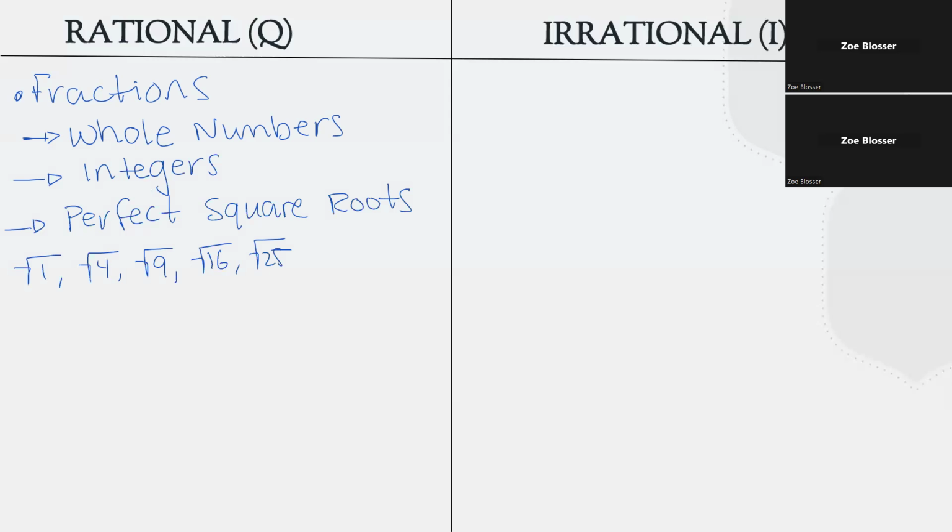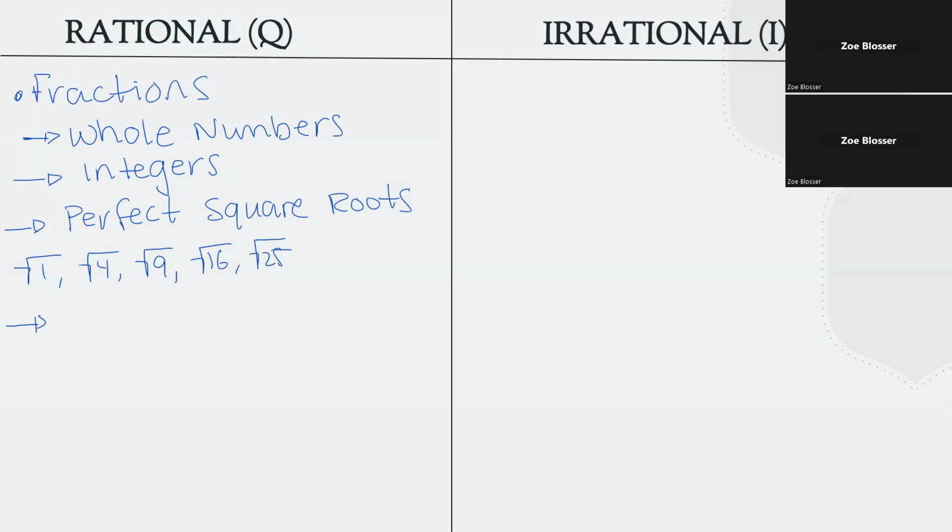Okay, because square root of 1 is 1, square root of 4 is 2, square root of 9 is 3, square root of 16 is 4, square root of 25 is 5. All of those turn into whole numbers. And we could go all the way up. We could do 6 times 6, which is 36, 7 times 7, which is 49. And everything that is a perfect square root is rational.